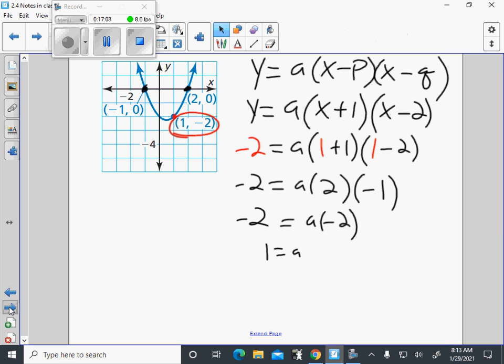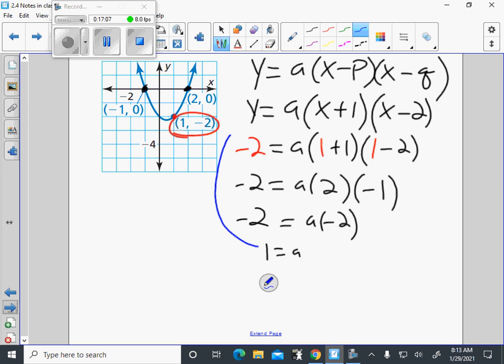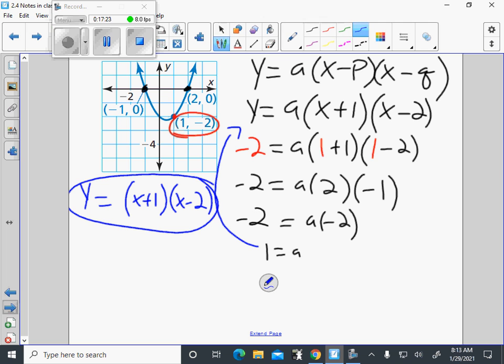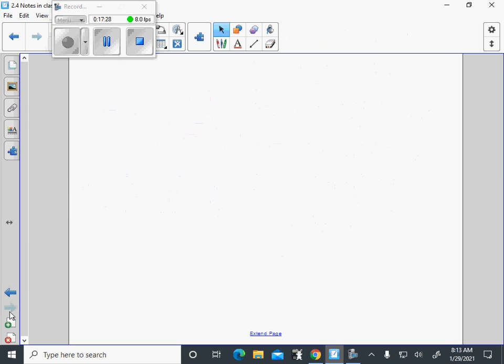So, our final equation, if 1 is a, we're going to plug it back into this equation, so we get y equals, if a equals 1, do I even have to write it? No, because anything times 1 is just itself. So x plus 1 times x minus 2. There is my final answer. And that is it.